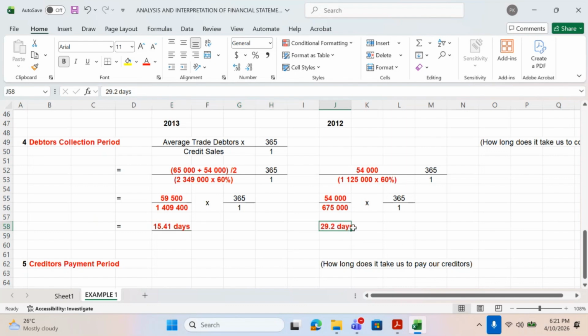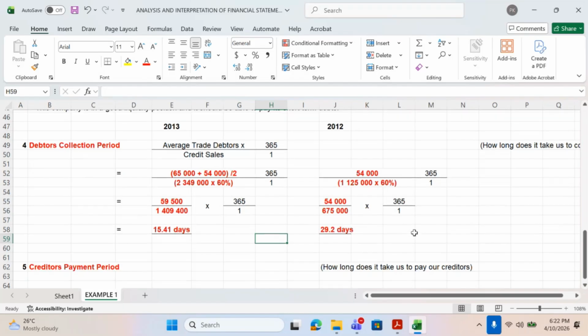This is a very good thing, something we should be happy for as someone working in the finance department with debtors. Are you following, Smang? Yeah, I'm following. Okay, perfect.